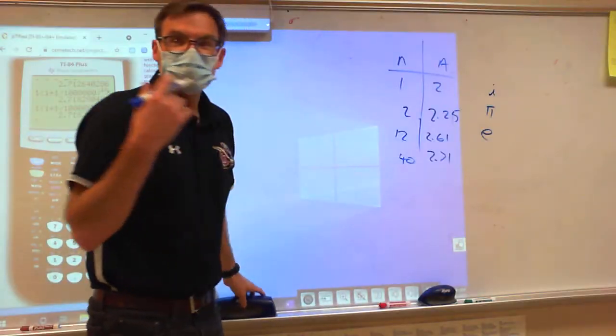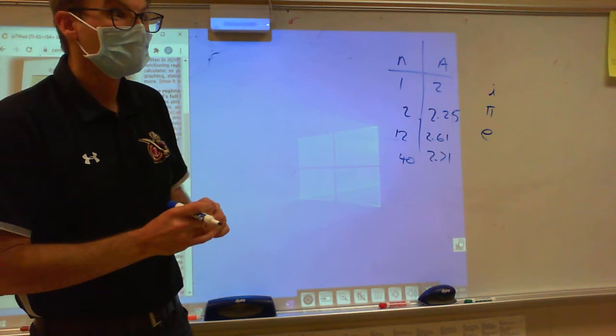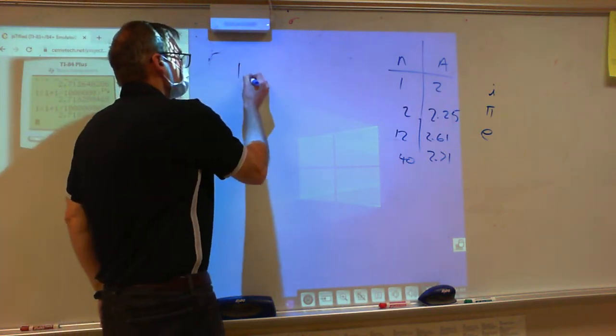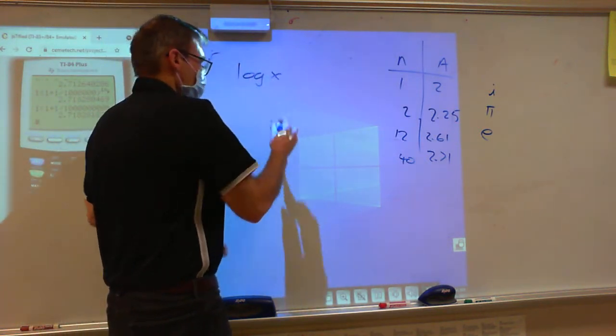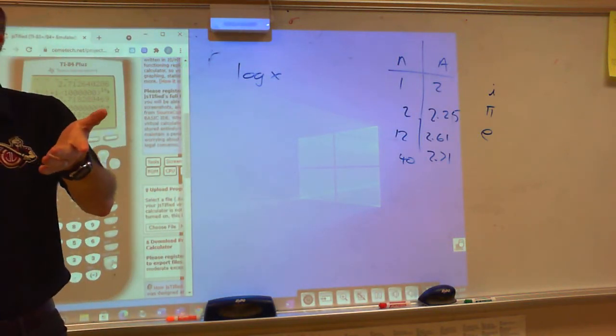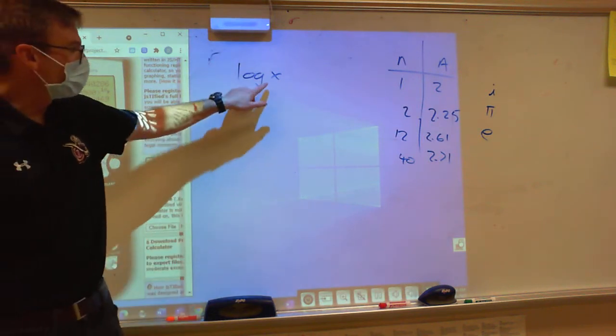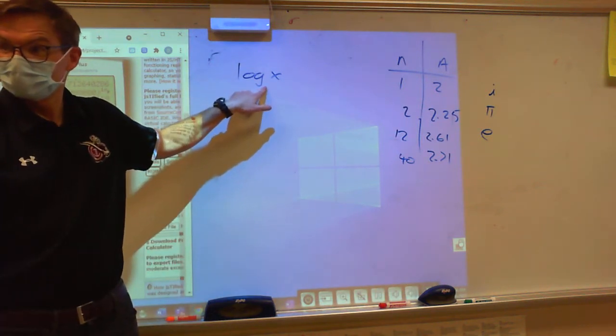As far as mildly interesting things with E, if I said log x, what's the base of this? 10. Remember, every log has a base, right? And if there's no base given, you assume it's base 10, right?